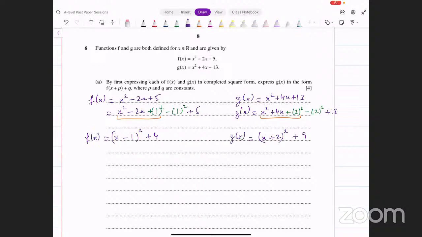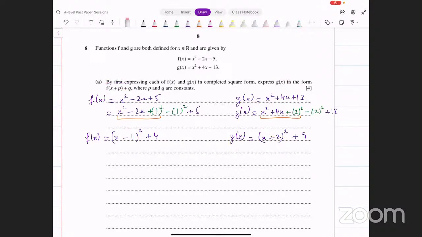And now what we've got to do is, उसने कहा है g of x को आपने लिखना है इस form के अंदर f of x plus p plus q. Basically, function f के ऊपर आप क्या transformation करेंगे? Function f के ऊपर क्या transformation करेंगे तो वो g of x बन जाएगा.